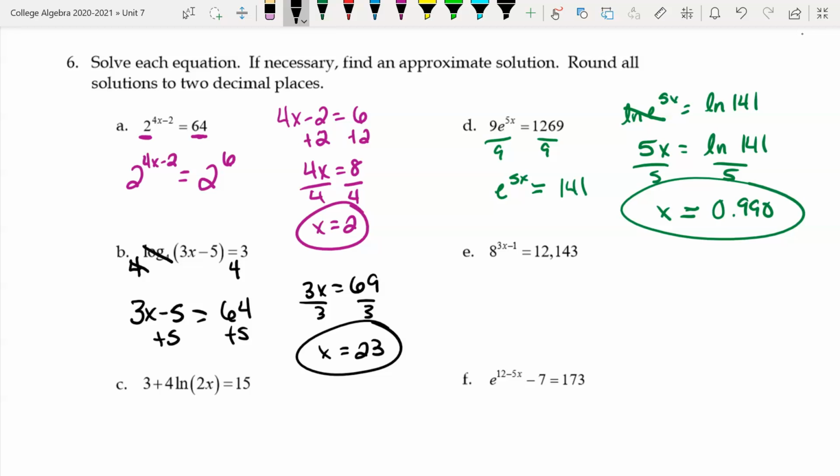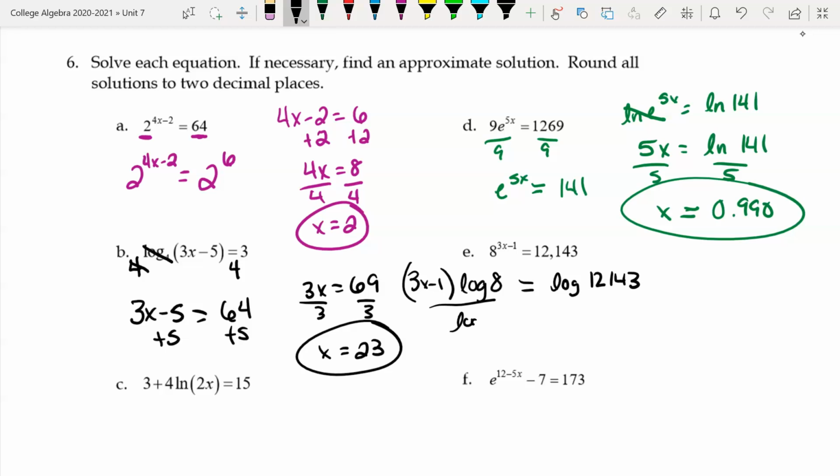So then if you can't rewrite it, okay, what you're going to do is you're going to take the log of both sides to get rid of that base 8. So I'm going to do log of 8 on both sides. I'm going to take the log of it. So then I have 3x minus 1 out front equals log of 12,143. So when you do a log, it takes the exponent down.